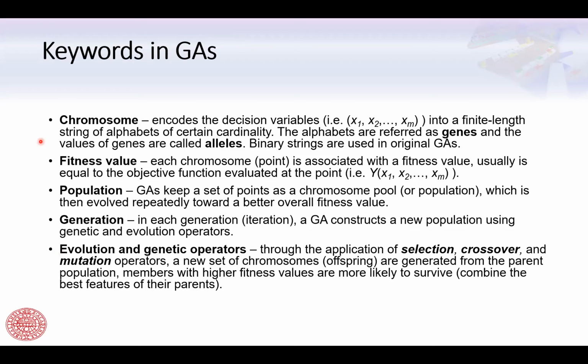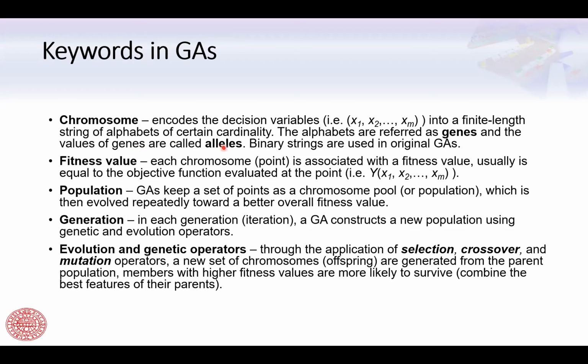When we talk about the genotype, the technical term which we borrow from DNA is a chromosome. A chromosome means we are not dealing with just one variable, but multiple variables put together into an encoding. It will be a finite-length string of alphabets.